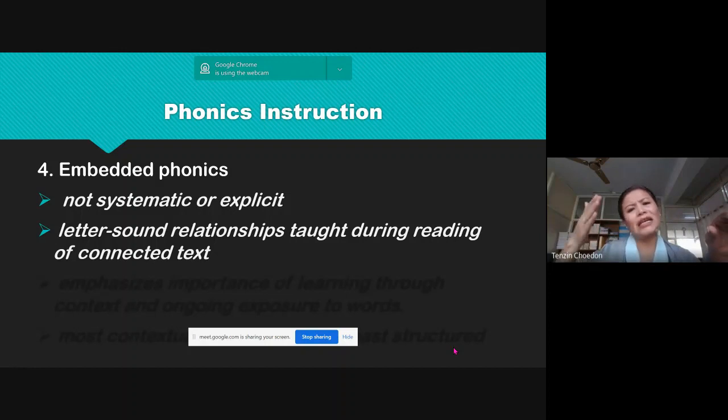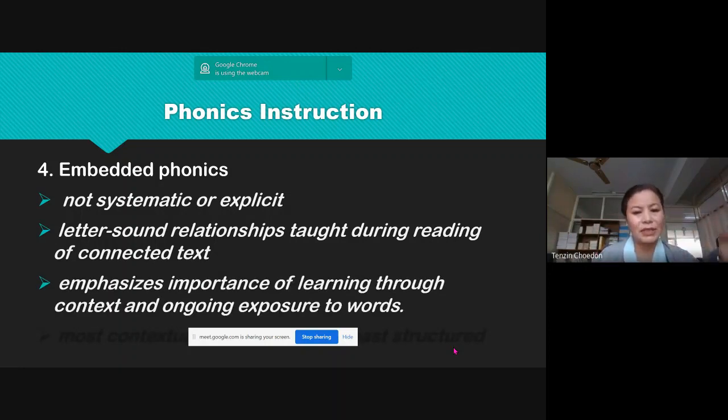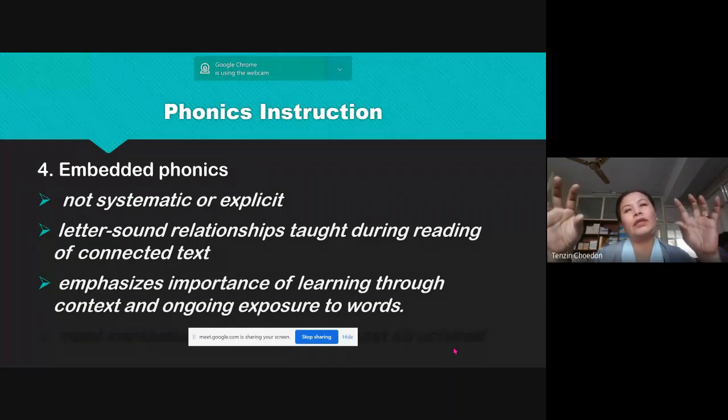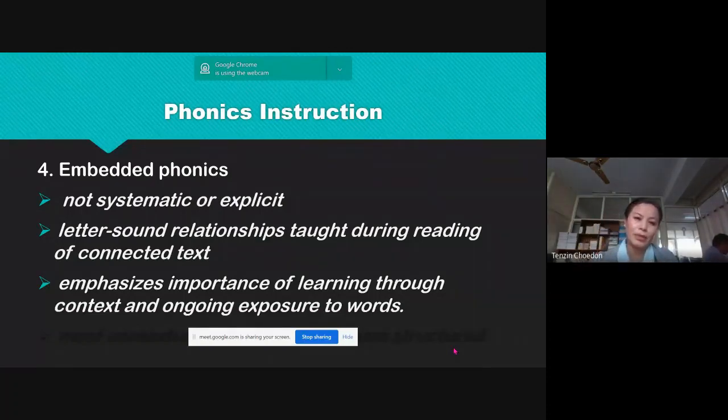This is not systematic; it's embedded. It emphasizes learning through context and ongoing exposure to words, somewhat like sight words. The parts, syllables, onset and rhyme are all taught based on the context.